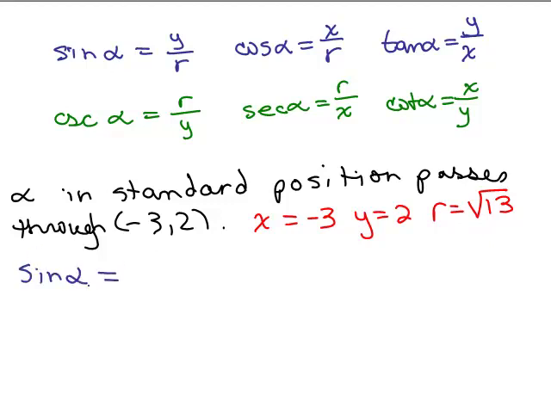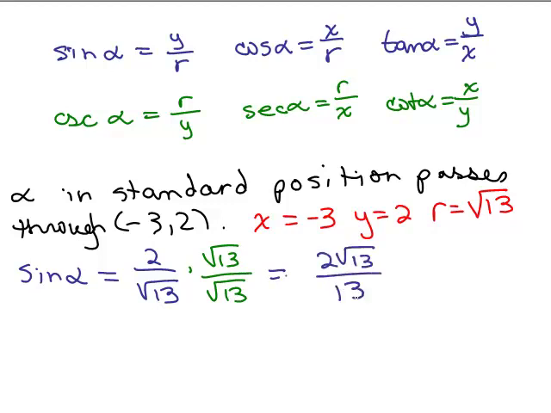Sine of alpha is y over r, so that will be 2 over the square root of 13, which can be simplified by multiplying the numerator and denominator by the square root of 13 over the square root of 13, which gives you 2 square roots of 13 over 13. So this is the simplified way of writing that fraction where you've rationalized the denominator. But 2 over the square root of 13 is the same number. It just has an irrational denominator.